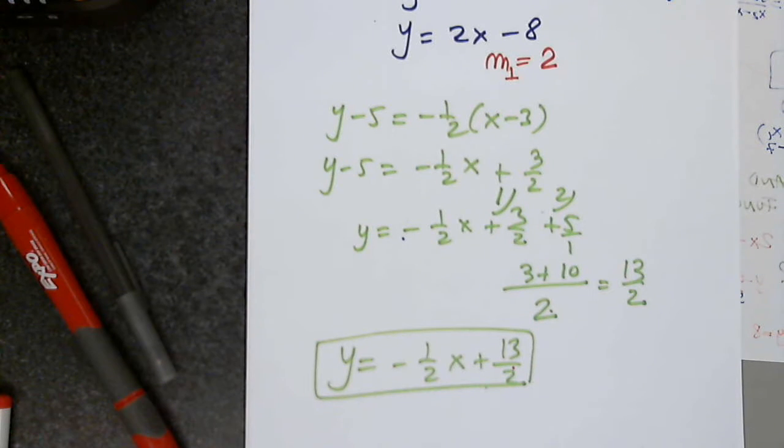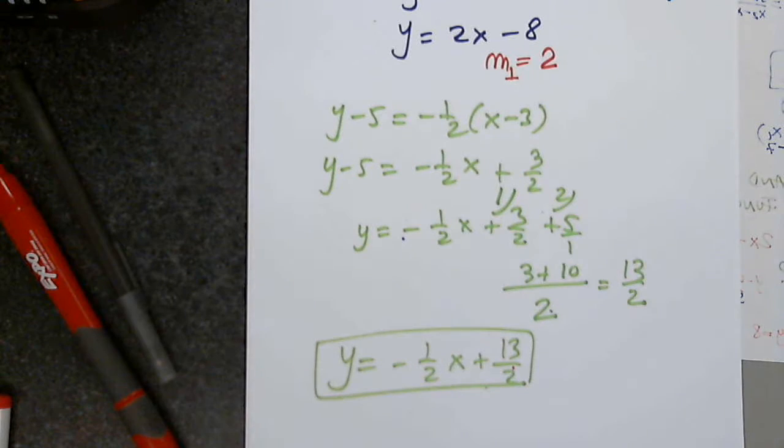Excellent. Step number 2. Use the slope of that equation to find the slope of the unknown equation. Excellent. That was step 2. Step 3. We used the point slope form by plugging in the point and the slope. Right. And then we solved for y. So one more time. Number 1, we solved the given equation for y in order to identify its slope.